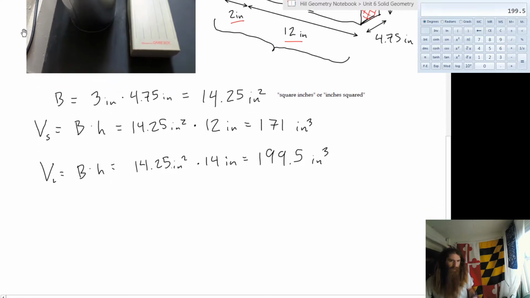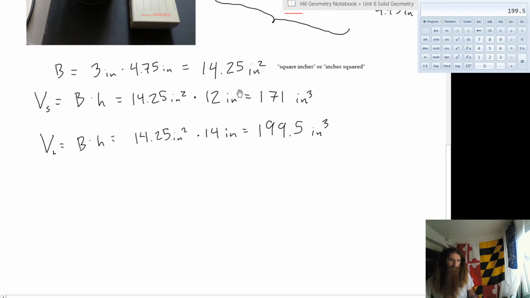So I know the smallest possible volume was 171. I am going to take a number that is closer to that than 200, so closer to 170 than 200, rounding. So I'm going to say volume, and I might put an E for estimate, but if I was turning this in, I would not. I would say just volume.